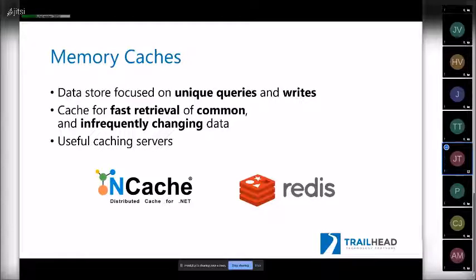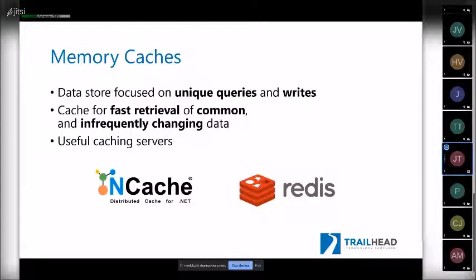Another thing that we often end up adding for clients to their existing applications is some sort of a memory cache. A lot of times you'll find that there are certain sets of data that you're getting over and over, and that data doesn't really change that often, and it's used frequently throughout the application.